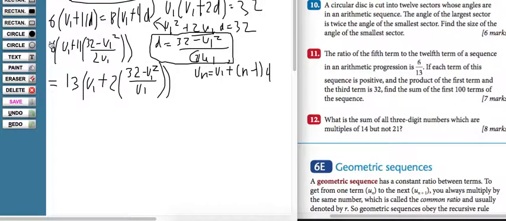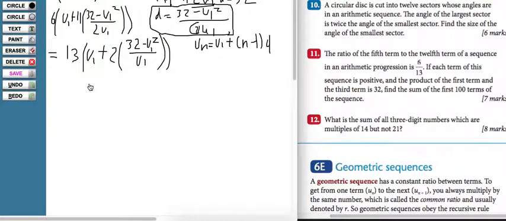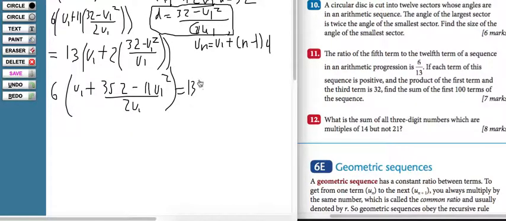Now let's try to simplify this. So 6 times (u1 plus, let's do 11 times 32, it's 352, minus 11u1 squared, over 2u1). This equals 13 times (u1 plus 64 minus 2u1 squared, over u1).